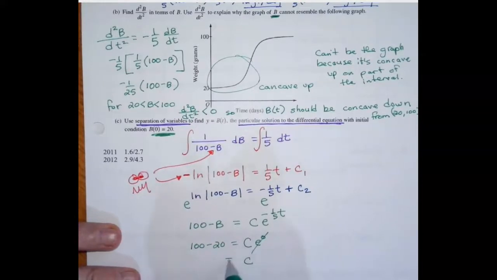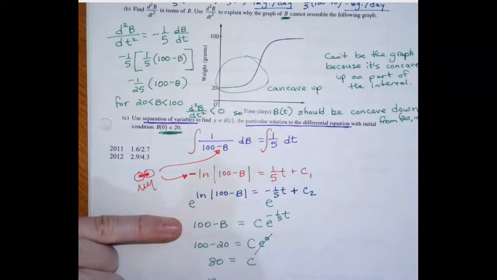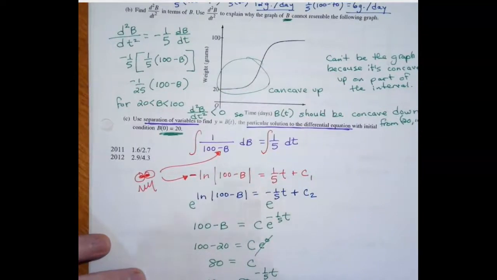So c equals 80. And so our final formula here is, technically, 100 minus b equals 80 e to the negative 1/5 t. If we add b to that side and subtract that over and then flip the whole thing over, there's your positive b, and the other side should be 100 minus 80 e to the negative 1/5 t.